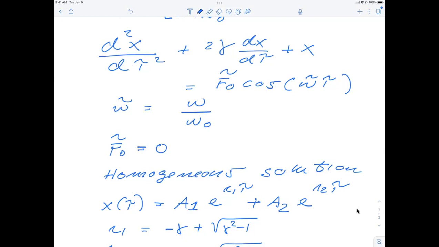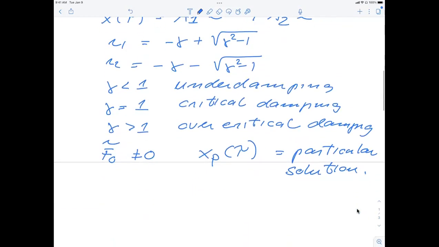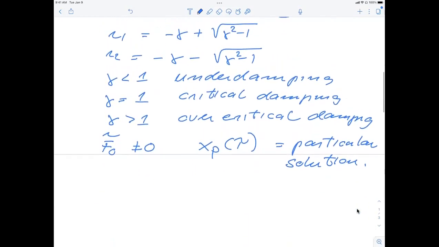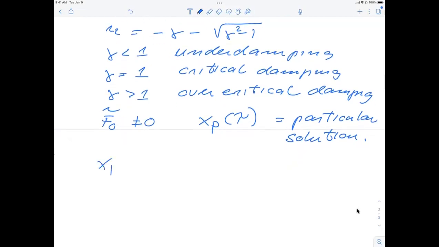What comes now is just mathematical manipulations with sines and cosines. That's nothing more than that. So let's do that. We make a guess, and our guess is based on what we have on the right-hand side. We assume that this is given by an unknown constant, D, and then a cosine.